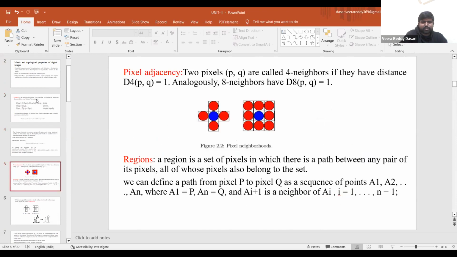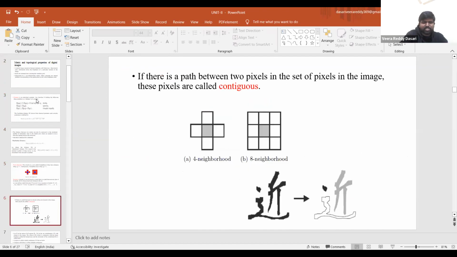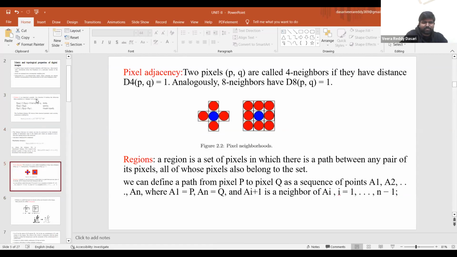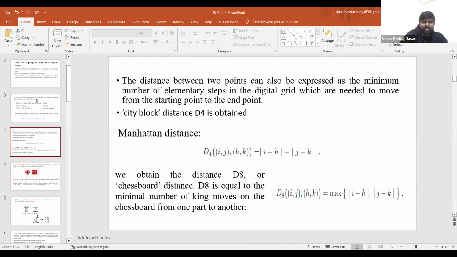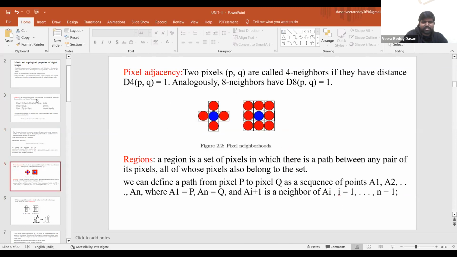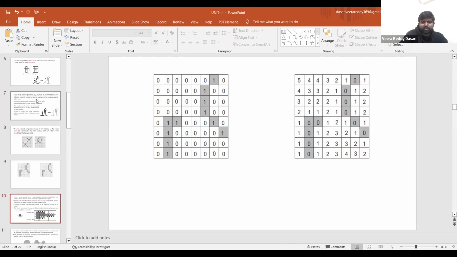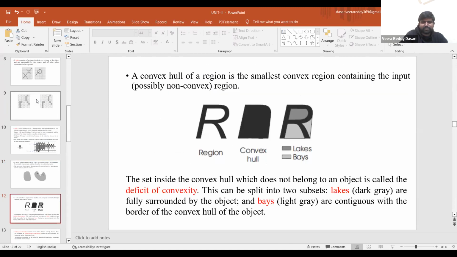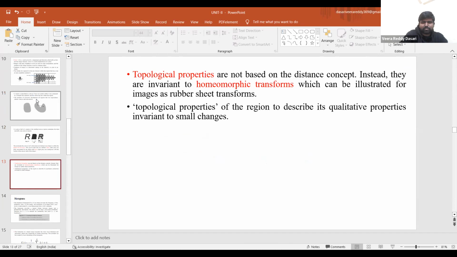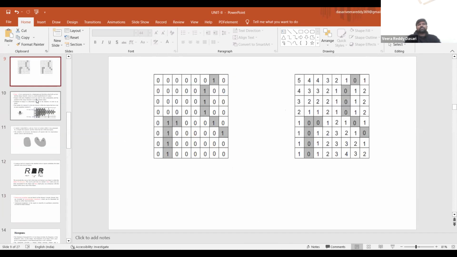Topological properties, in the sense you should be writing about pixel adjacency, region. Pixel adjacency is one. What is pixel adjacency? What is a region? What is a hole? What is an edge? So you can prepare this. This is an extra question. Remaining all I have covered.